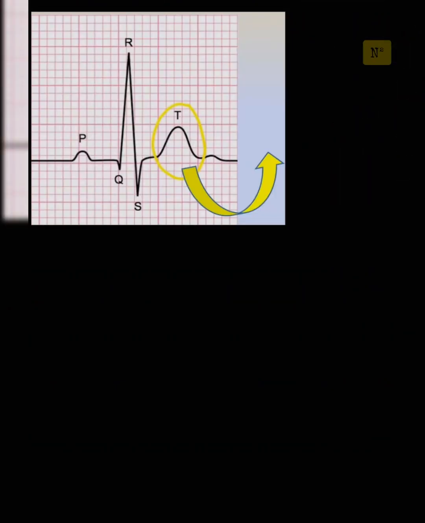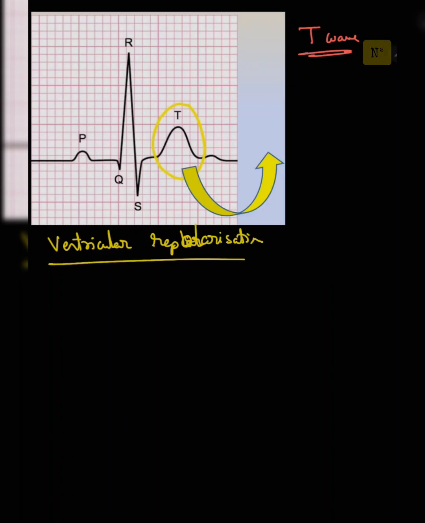The next wave for discussion is the T wave. Now the T wave is the last positive wave that is seen in the ECG rhythm. The cause of this is ventricular repolarization, that means the relaxation of the ventricles.